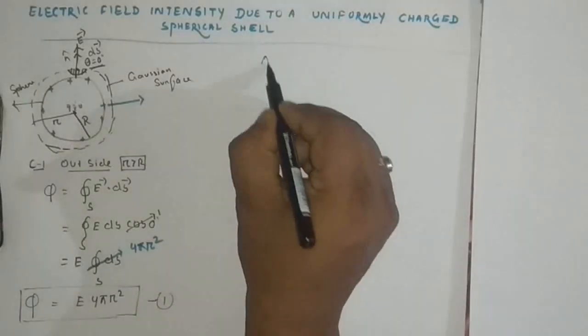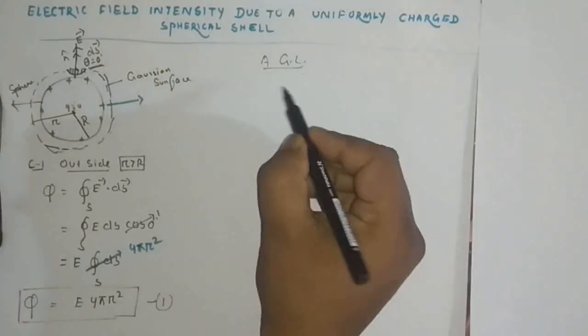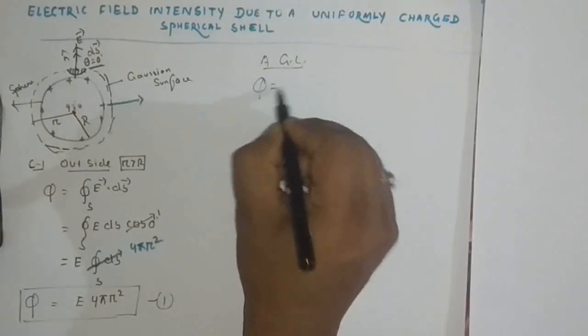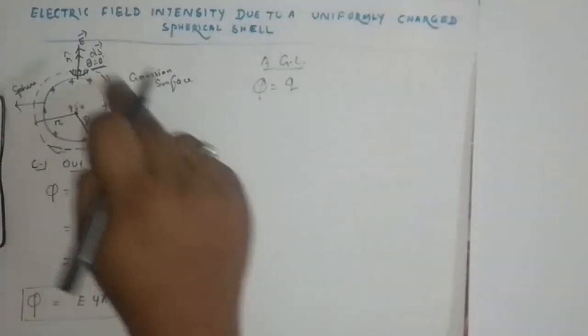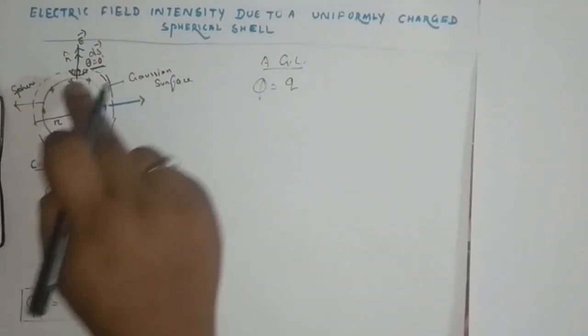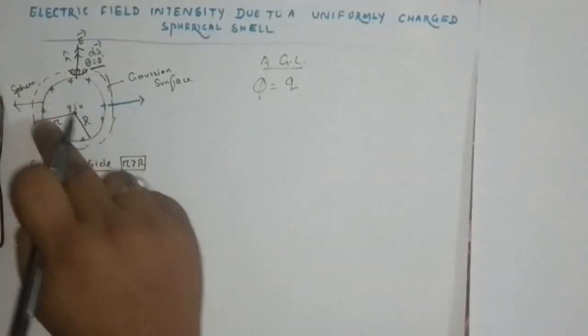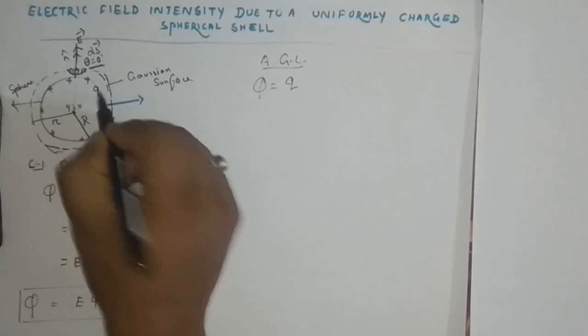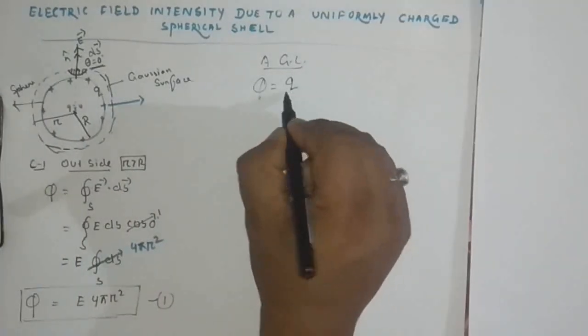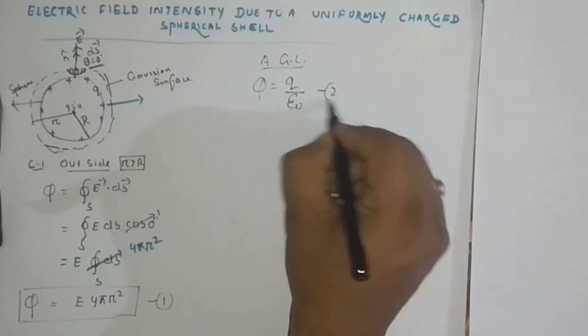Now applying Gauss law, what is flux? Total charge enclosed by the surface, that is the charge on the sphere, which is Q. So flux is Q by epsilon naught.